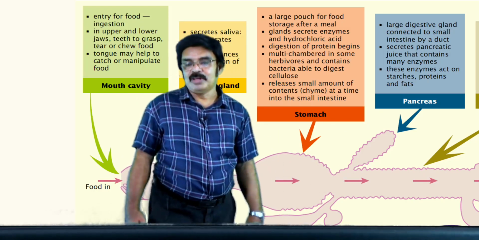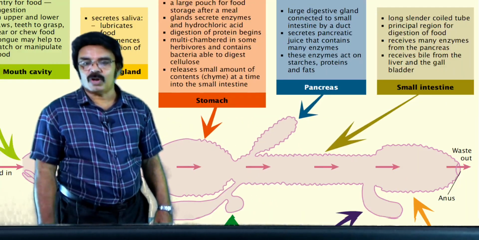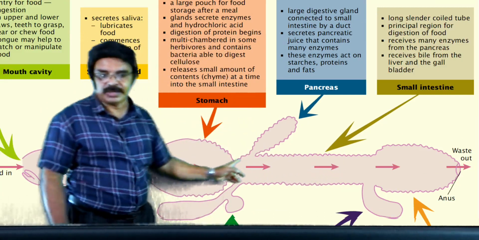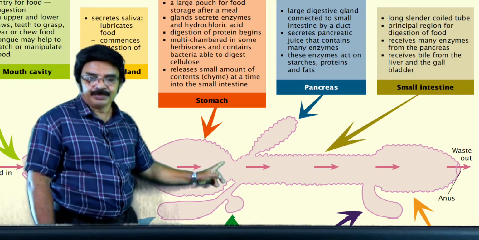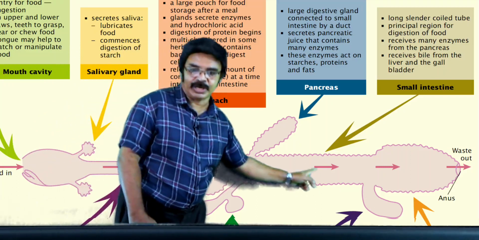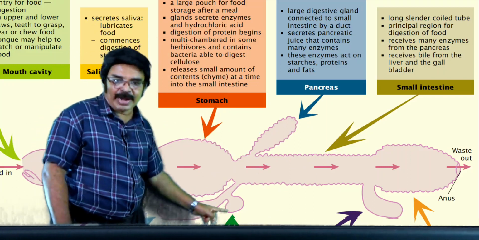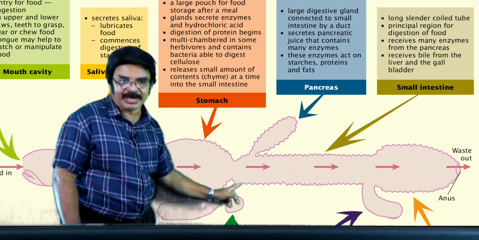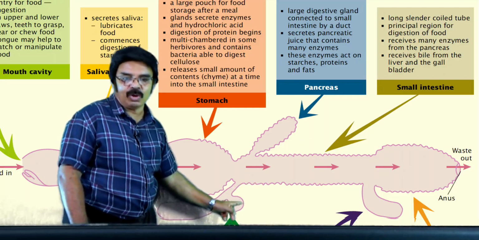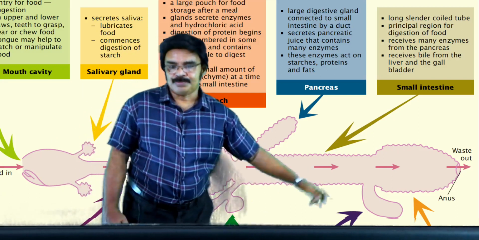After the stomach, it opens to the small intestine. The pancreas and the gallbladder open into the small intestine. The liver does not open, the liver produces bile. Bile is stored in the gallbladder, and from the gallbladder it is added to the small intestine.